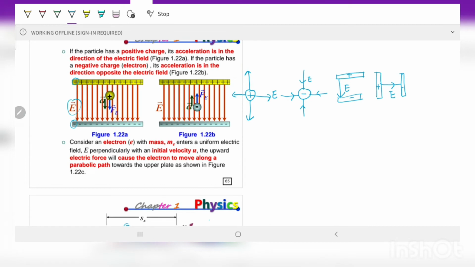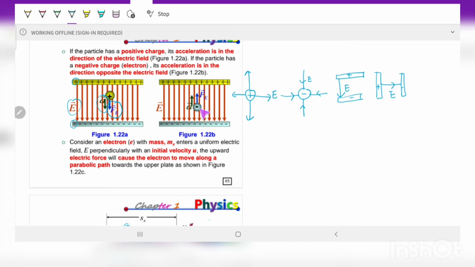So here it goes, positive ke negative. So ini electric field. Dan let's say, dalam gambar kat situ, inilah positive charge. Positive, dia akan attracted to negative plate. So that's why kita punya Fe ke bawah. So kalau Fe ke bawah, dia tertarik ke bawah, dia bergerak ke bawah. So dia punya acceleration also ke bawah. And kita belajar juga dalam topik 4, F equals to ma, direction of acceleration is the same as direction of force.